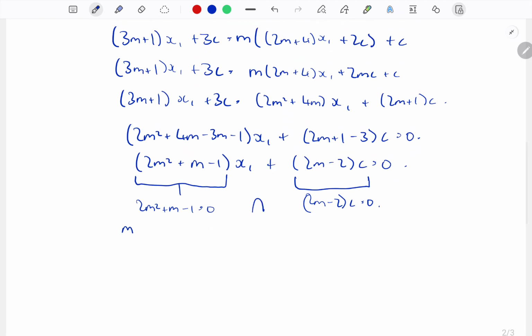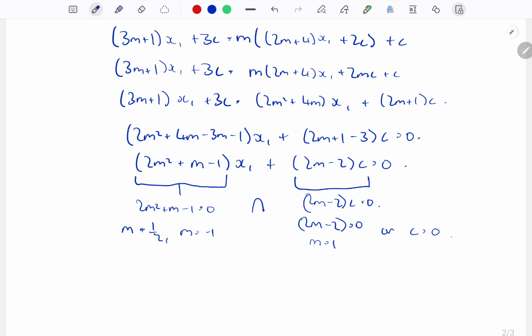So for 2m squared add m take away 1 to be 0, we get m is equal to 1 by 2, m is equal to minus 1. For (2m take away 2) multiplied by c to be equal to 0, we get 2m take away 2 equals 0, so m equals 1, or c equals 0.